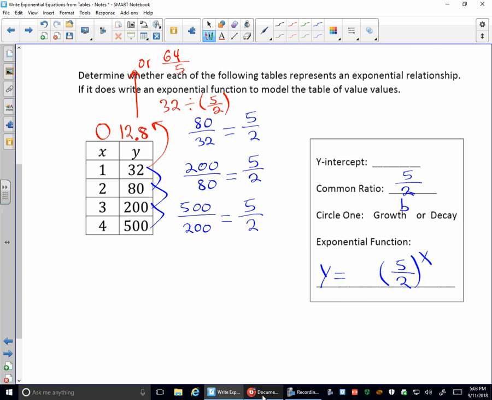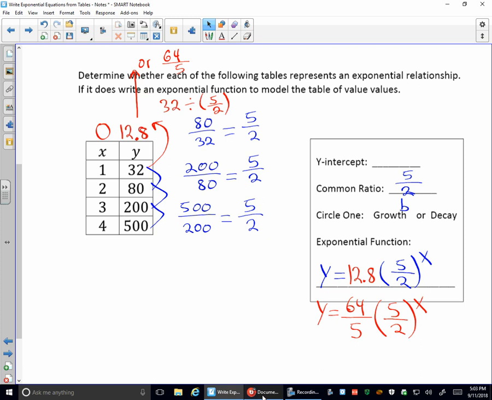Okay, so if we write our equation, this would be y equals 12.8 times 5/2 to the x power. Say I wanted to write it using the fraction, then I would have y equals 64/5 times 5/2 to the x power. But before we move on, let's talk about making sure this is correct.